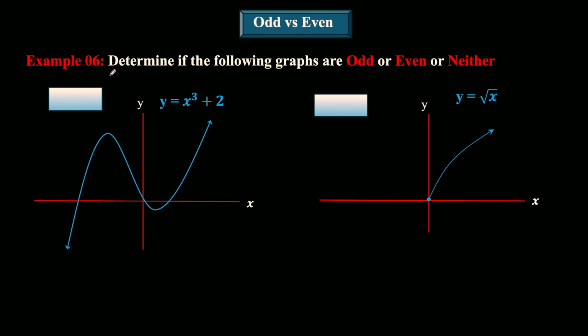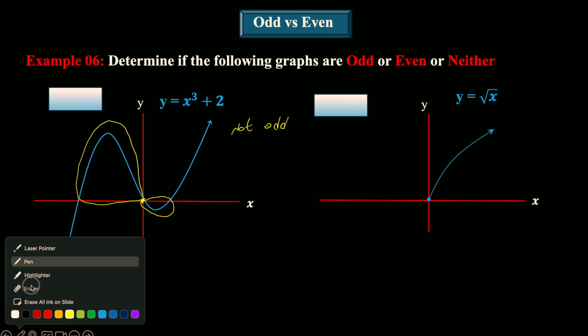Let's see our sixth example. Determine if the following graphs are odd or even or neither. So from here we see, in this case, that our curve crosses the origin. Then we see that this part is not symmetric with this part, right? So it is not odd. Is it even? We can check.